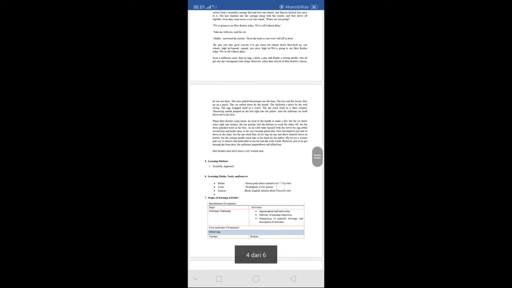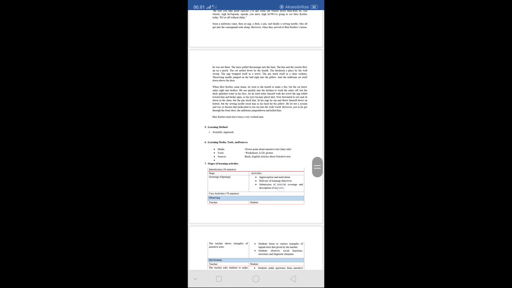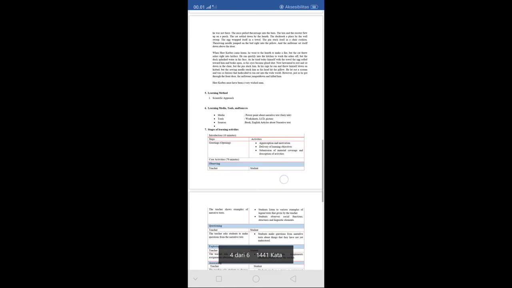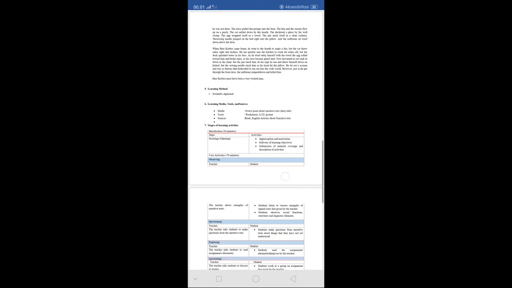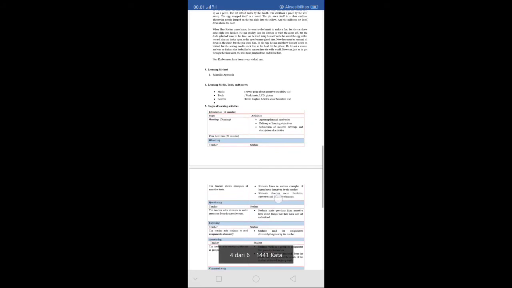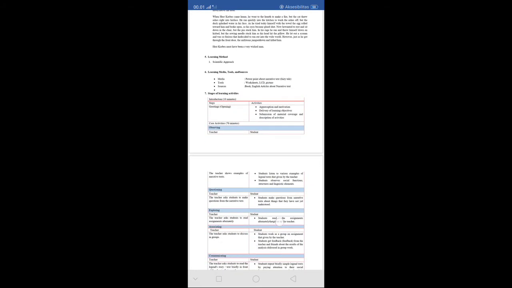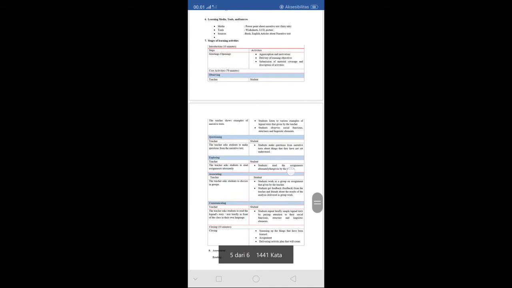Next, learning method. In my lesson plan, using scientific approach. And next, learning media, tools and source. Media with PowerPoint about narrative text, and tools use worksheet, LCD, and picture, and source with book, English article about narrative text.